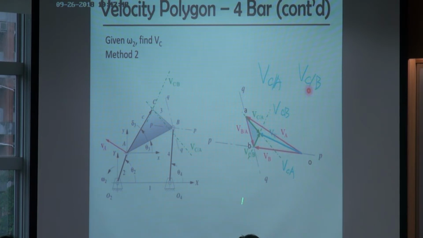And just one thing to point out. In this original position diagram, we have a triangle ABC. Here we also have a triangle ABC. I didn't label this point with C, but this point is C. So what's the relationship between these two triangles?